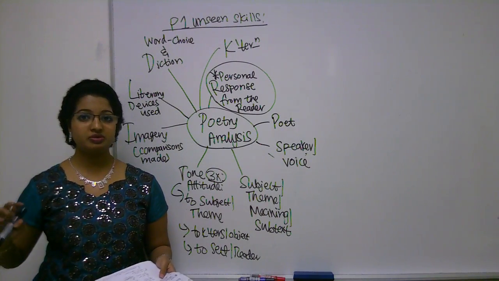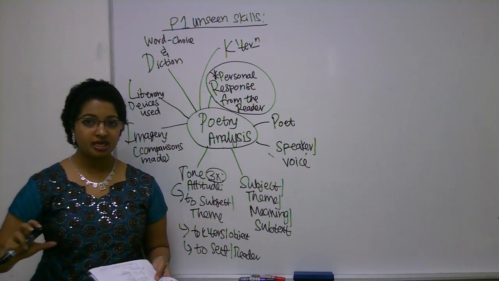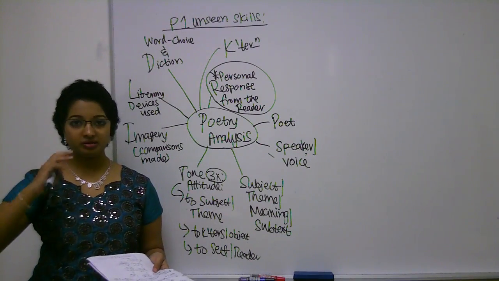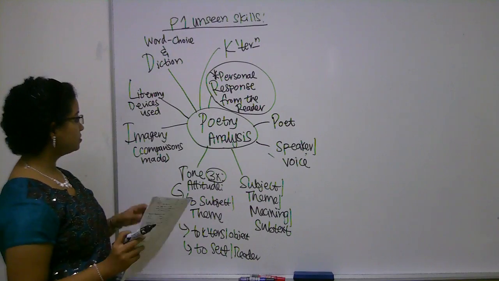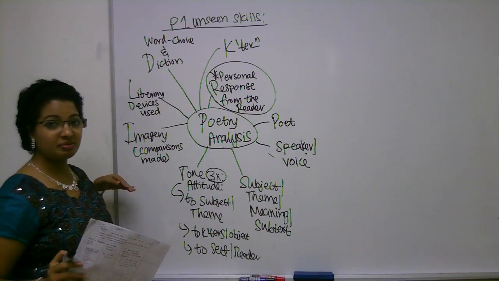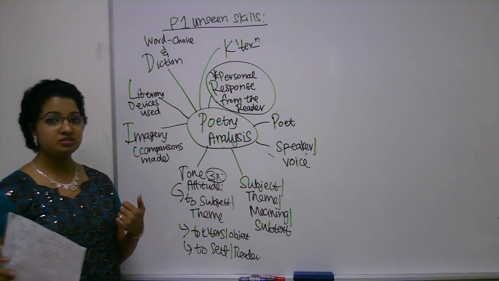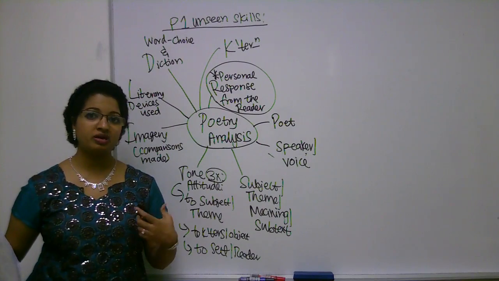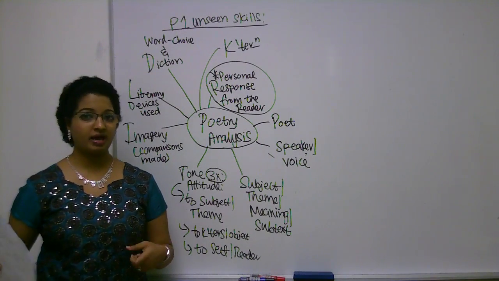Kinesthetic or tactile imagery relates to your sense of touch, and lastly, olfactory imagery relates to your sense of smell. Alright, so those are the four different types of comparisons being made. And then you have similes and metaphors under imagery as well. So similes have the word like or as, whereas metaphors are more direct. They don't have the word like or as.